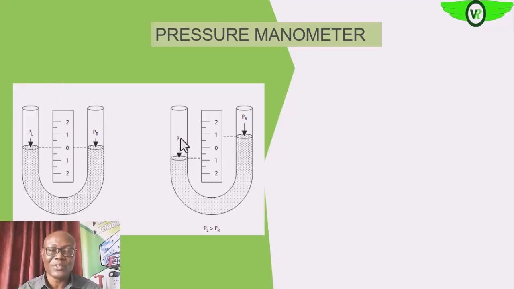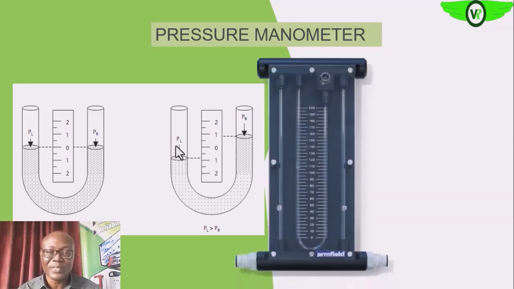The force on this column will be higher, and that will move the fluid in the right column up, to a stage where the height above the left column is exactly equivalent to the force that is exerted on the left column. So that is how the pressure manometer works.